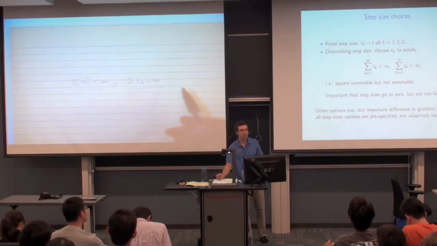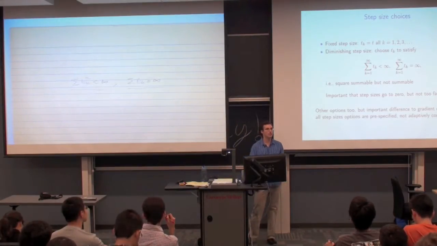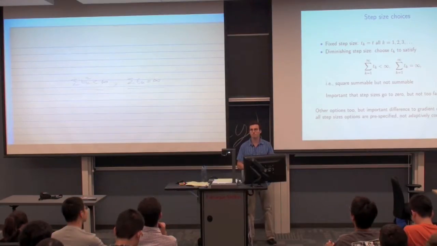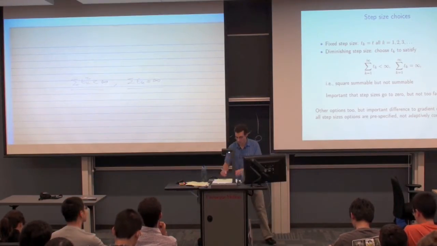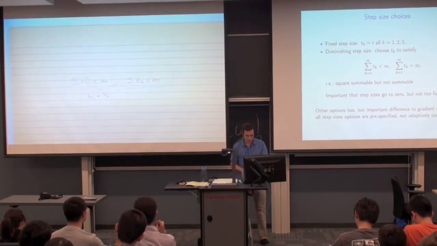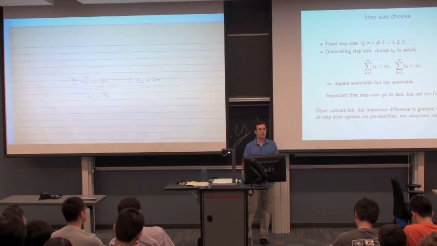When I add them up, they're infinite. So what's an easy example of a step size choice that satisfies that? 1 over k. Yeah, right. So t_k equals 1 over k is a perfectly reasonable choice for that particular category.